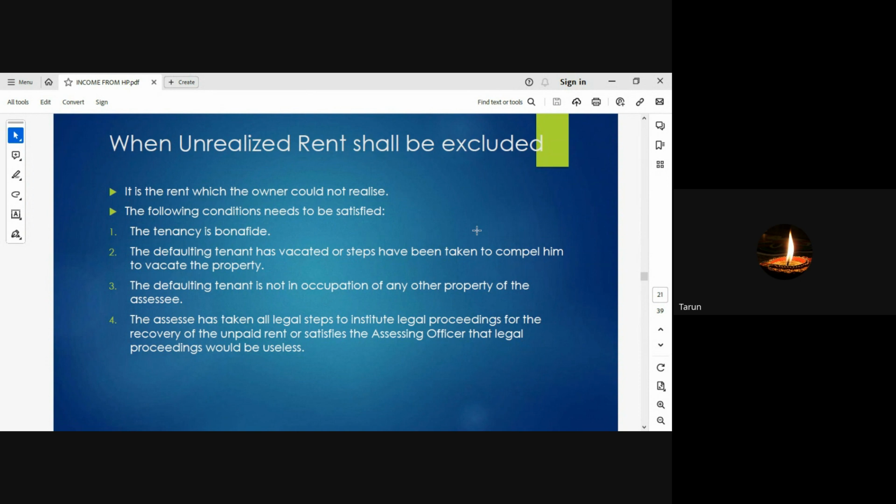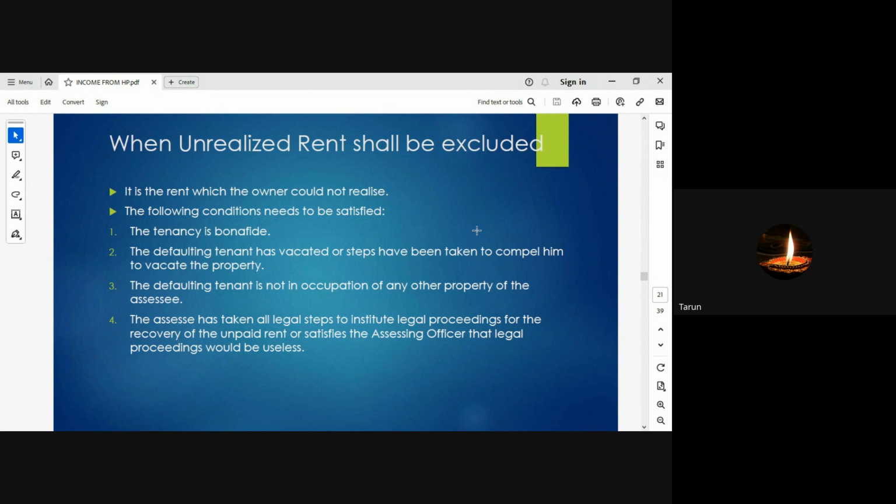Next, the defaulting tenant is not in occupation of any other property of the assessee. So if the defaulting tenant is not in the occupation list of any other properties of the assessee, such an amount will not be included in unrealized rent.